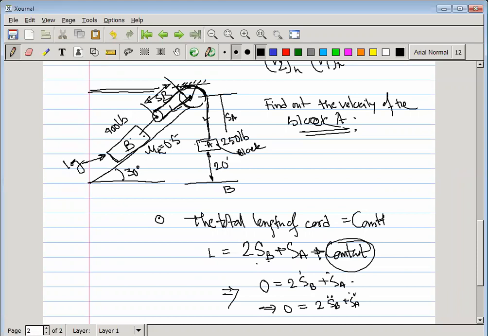Derivative is denoted by a dot. So the acceleration of block B is equal to the acceleration of block A divided by 2, right? Up to this, is it understandable?